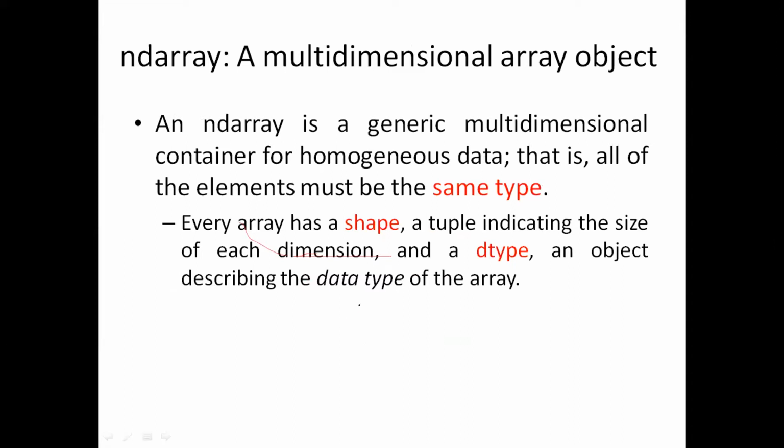That is, elements must be of the same type. And every array has a shape, a tuple indicating the size of each dimension, and a dtype, which indicates the data type of the array. It supports different data types like int16, int32, float64, and so on.